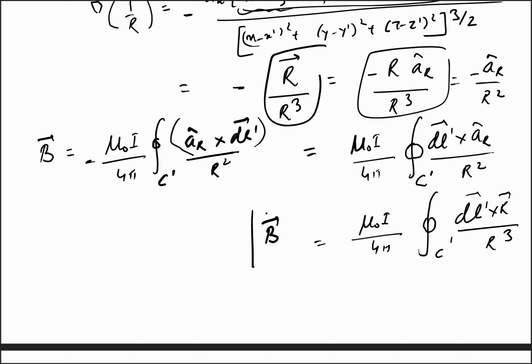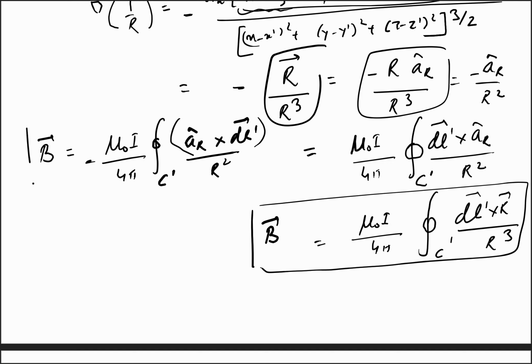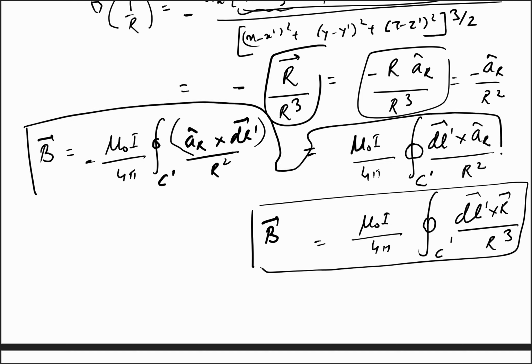So this is how we can find the magnetic field directly, without calculating the vector potential, using the Biot-Savart law. So the Biot-Savart law is very simple.